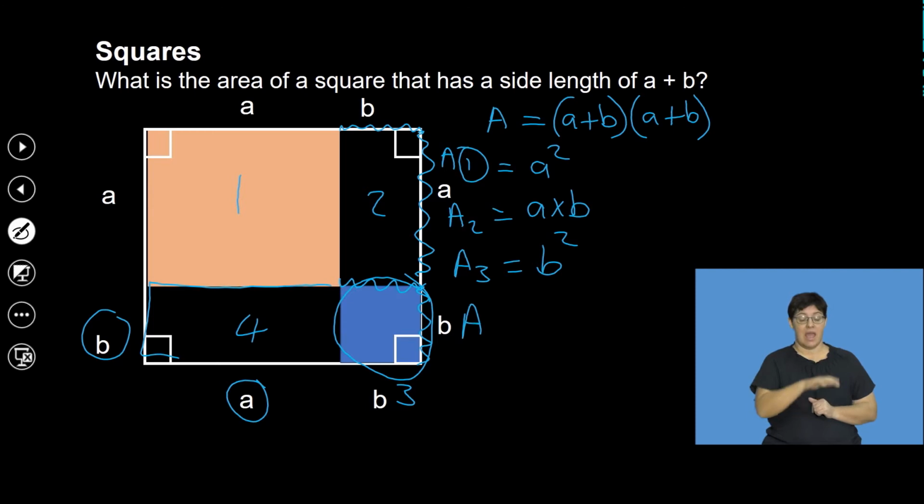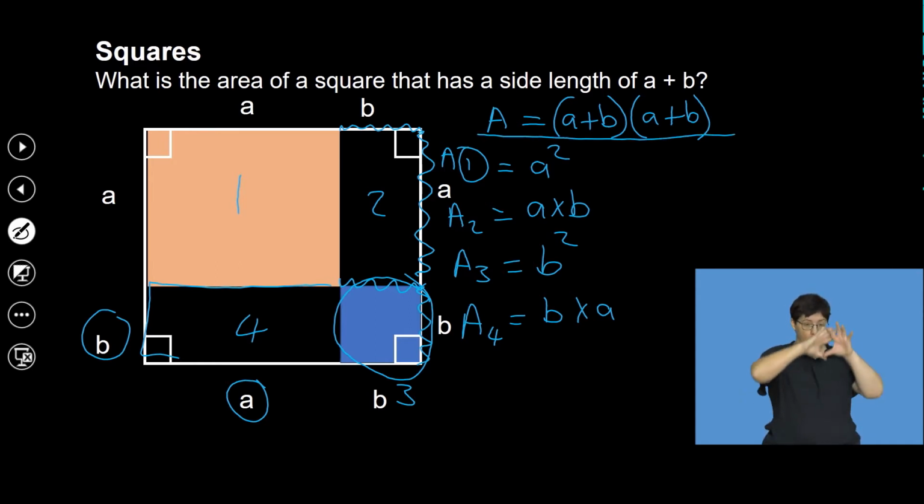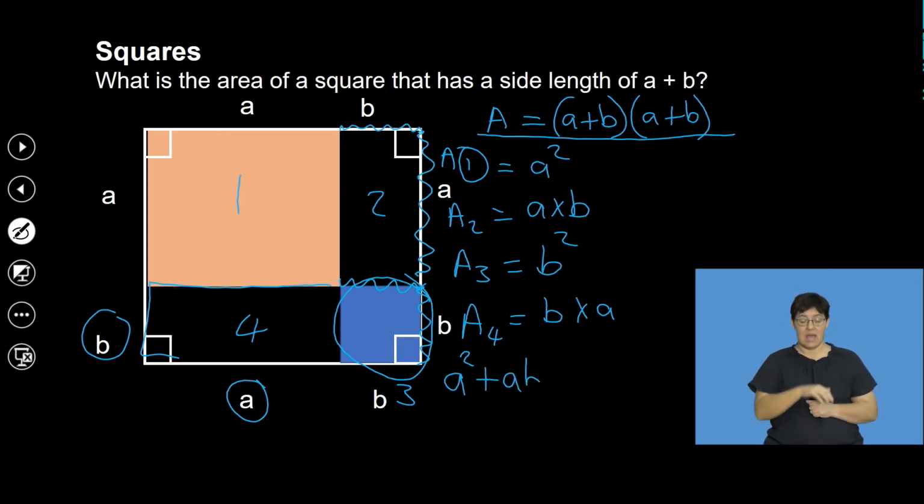And area 4, which is a rectangle, will be b multiplied by a, right? So what does this tell us? If we want to find the area of the whole shape, we must add areas 1, 2, 3, and 4. That will give me a squared plus ab plus b squared plus ba.